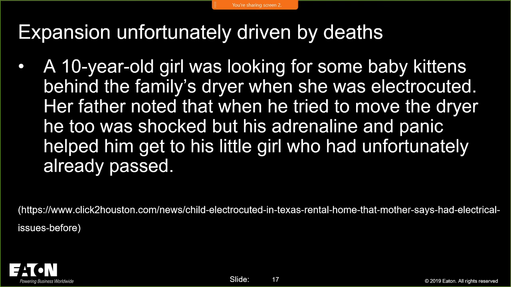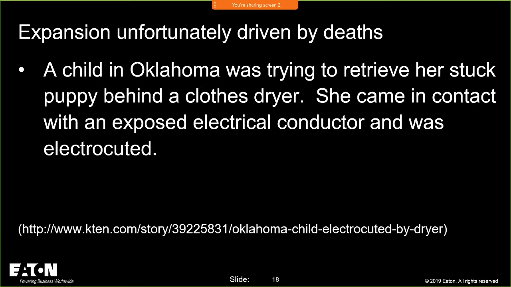A 10-year-old girl was looking for some baby kittens behind the family's dryer when she was electrocuted. It's a real story. And a real reason why when you sit on the code panel and you get cases like this, or you get cases like this child in Oklahoma, these are the reasons why we increase safety and we increase the requirements around ground fault circuit interrupters.